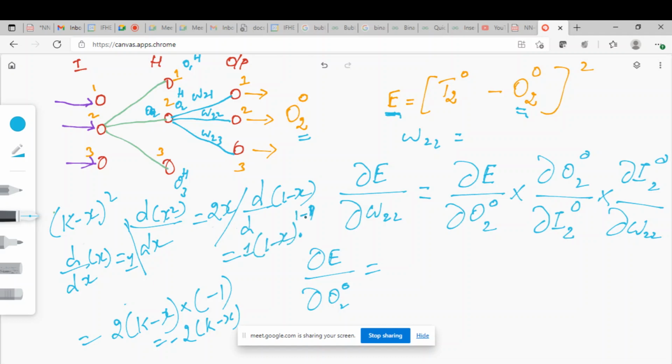Anything to the power 0 is 1, but again you have to take the derivative of the inner part, minus x. The derivative of x is 1, but for minus x it will be minus 1, so this will be into minus 1, and this entire part becomes minus 1.